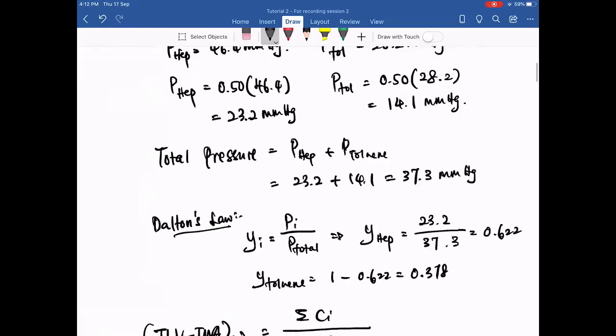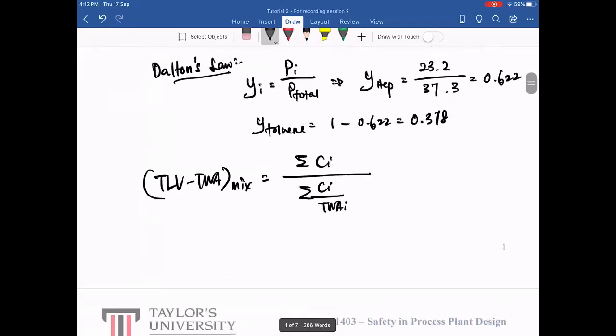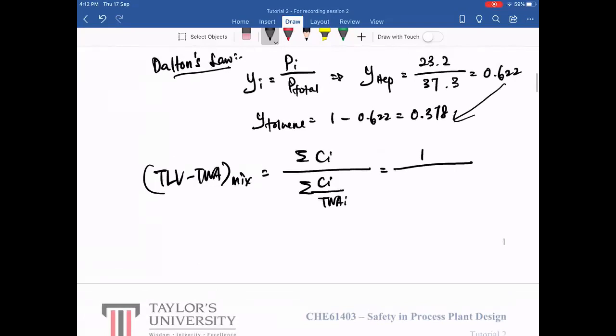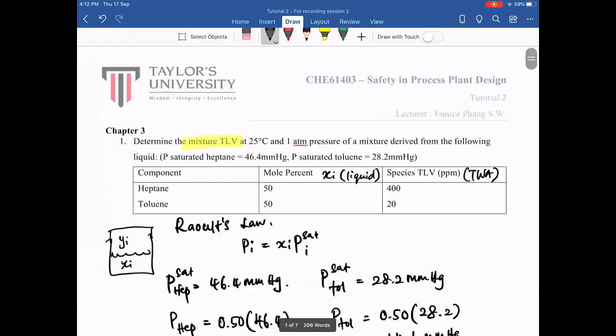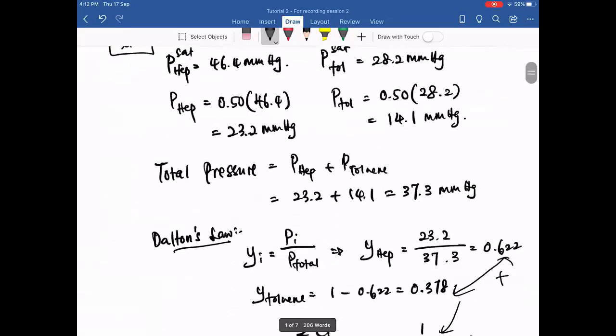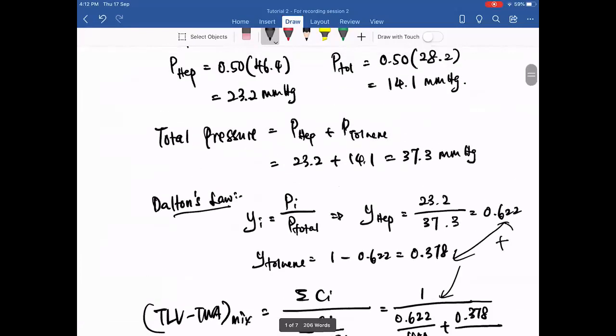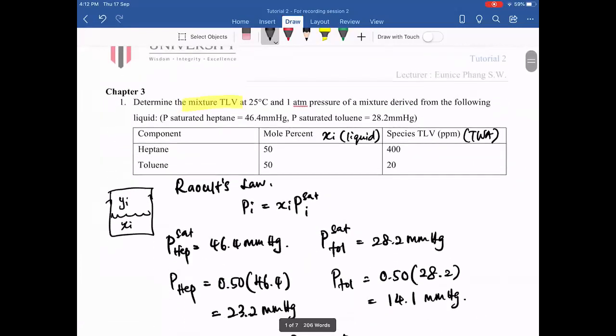Our concentrations here, we know is 1, because this one plus this one gives you 1. The other one is 0.622 over the TWA, which is given here, of heptane is 400, plus 0.378 divided by taurine, given as 20.